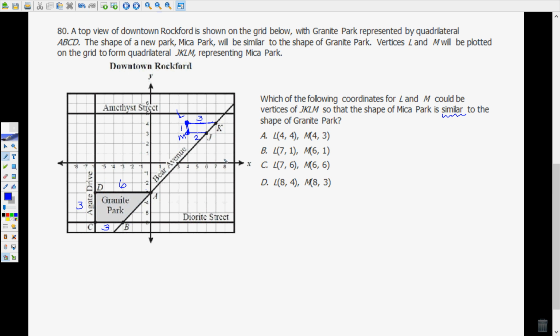So they need to be in the same ratio across the board, and it tells you the correspondence of the letters. So that's the correspondence of the sides. So LK would match up with CB. LK is 3. CB is also 3.